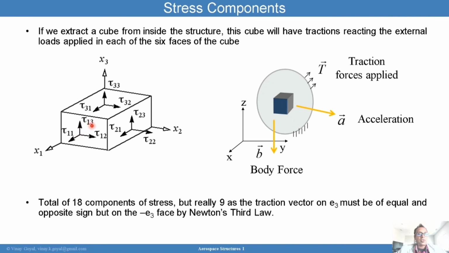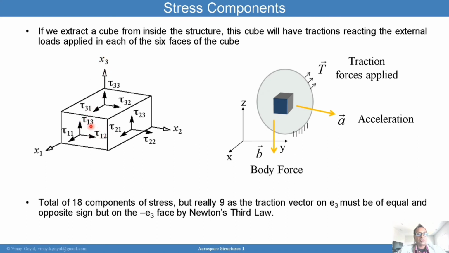Here I have tau 1.3 because this component of that traction vector is acting on the number 1 phase, so that's what that 1 is, on the 3 direction.